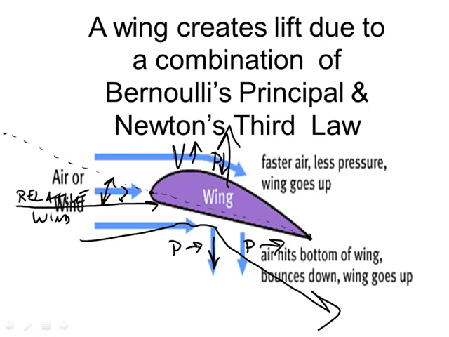The bottom is now going to push up, because the pressure on the bottom stays the same, but the pressure on the top gets less. So we're going to have an increase in the difference between these two pressures. This is really just a combination showing Bernoulli's principle and Newton's third law.